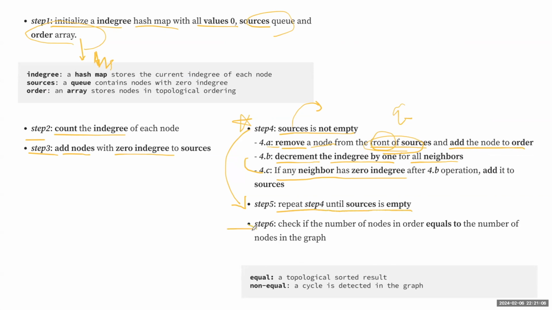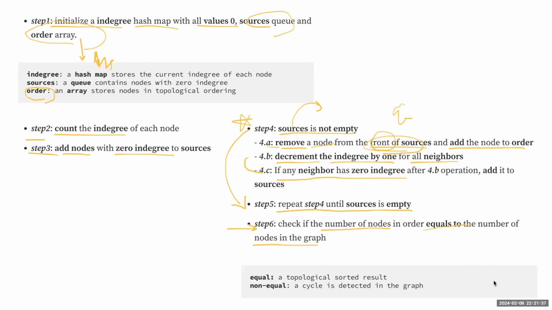And the final step, we have to check the number of nodes in the order is equal to the number of nodes in the graph.